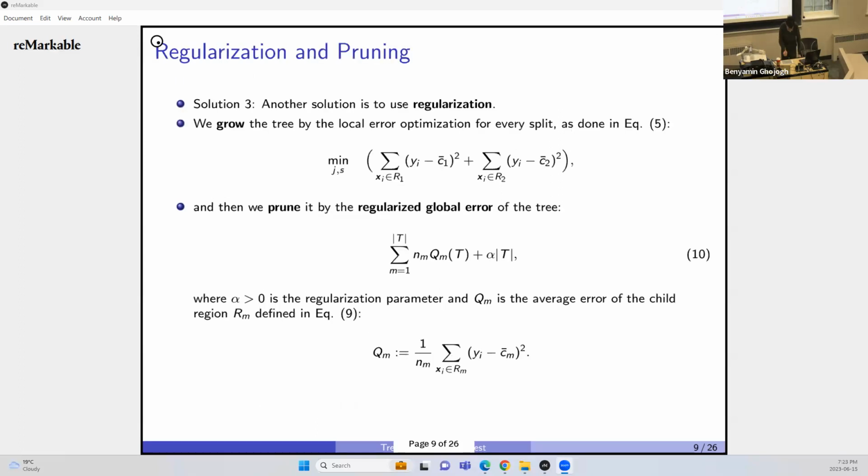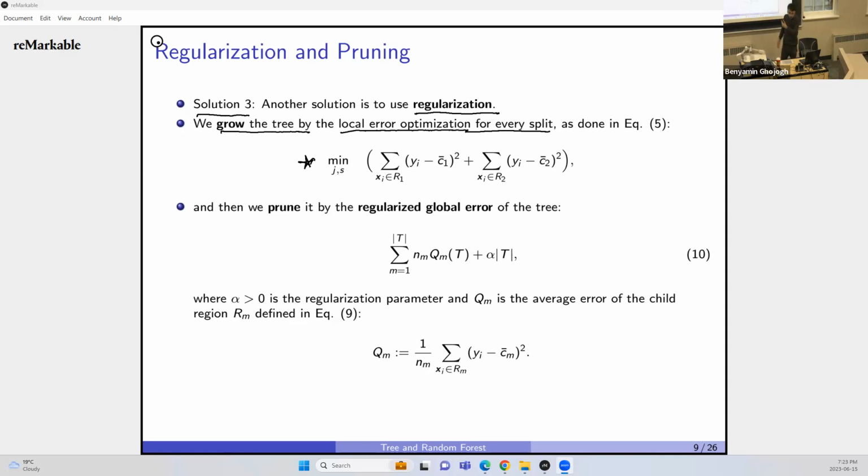Okay, solution 3. Another solution is to use regularization. We see a lot of regularization in machine learning. So what do we do? We grow the tree by the local error optimization for every split. We already talked about this, right? This is the nested loop.